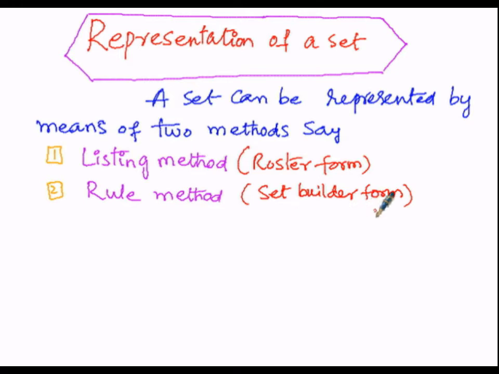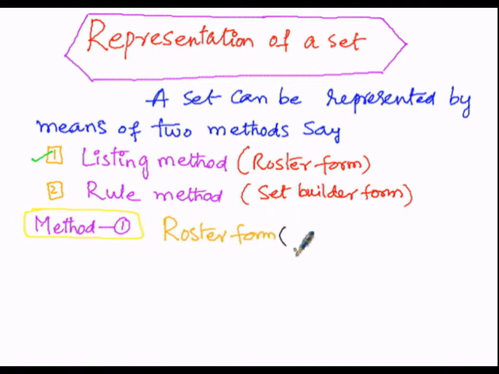Now we are going to discuss the first method, that is, method number one, the listing method, or in other words, the roster form.